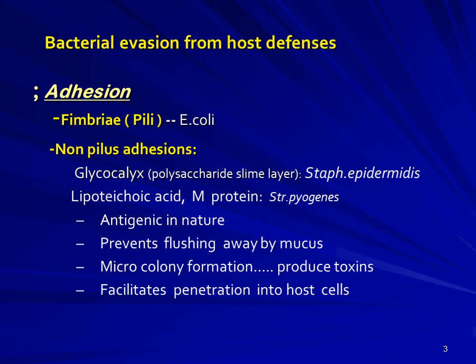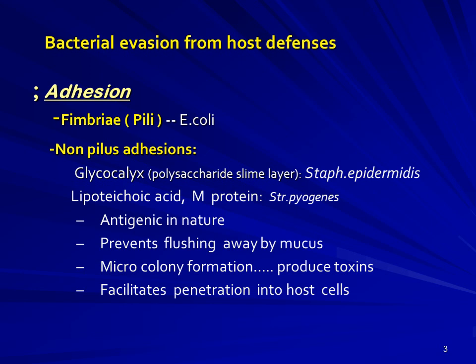If you see, these fimbriae are antigenic in nature, and not only that, the adhesion will prevent the flushing away by the mucus secretions. When the microbial agents get attached to the mucosal surfaces, the flushing action of the mucosal secretions is prevented by the bacterial adhesion.